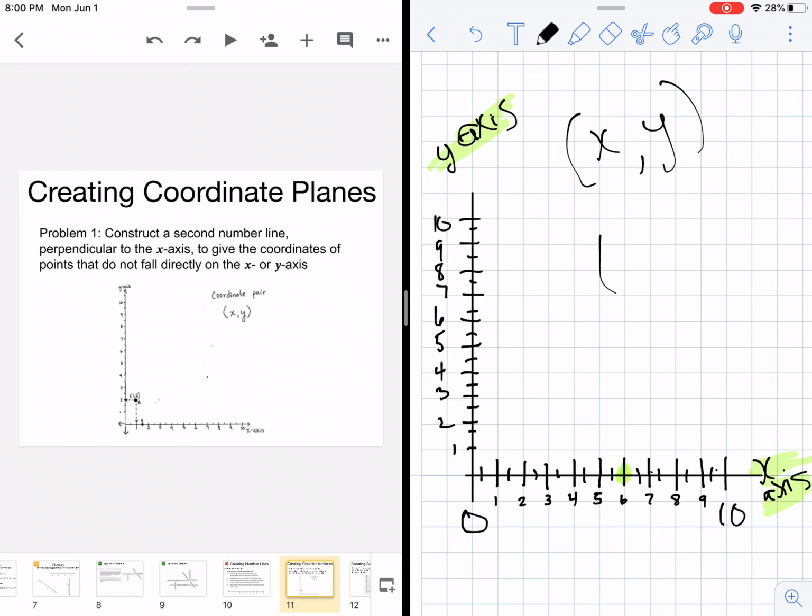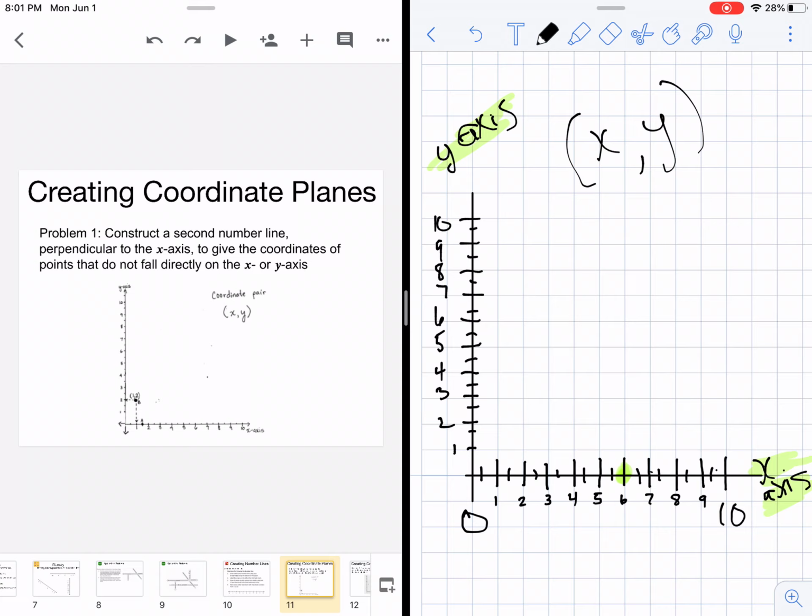So it would read as 6, 0. And that tells us that it is 6 units from 0 on your x-axis. The distance from 0 to this green point right here is 6. Okay. It looks like you guys are understanding some of this.